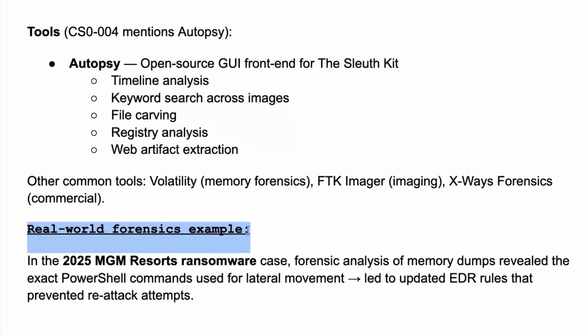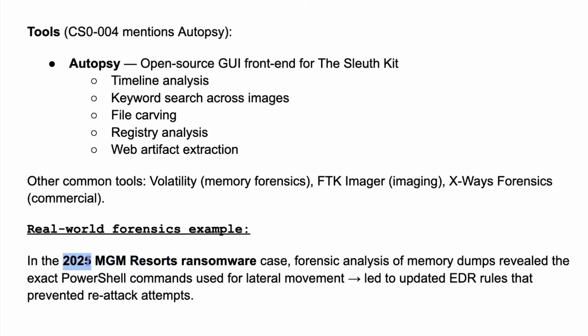The real world forensic example, and I knew that we were going to talk about this again. So the 2025 attack against MGM Resorts, this is one of those really famous cases, mainly because it happened against such a large entity. MGM Resorts is like multiple hotels, and you would expect them to have better security posture.